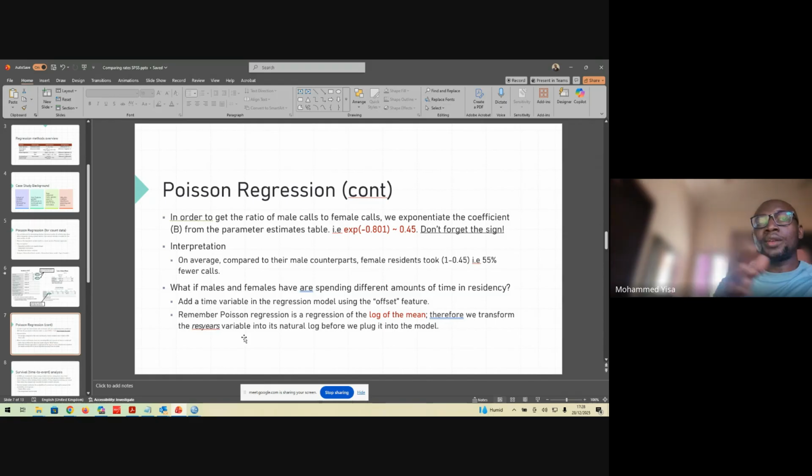And that's what we have just done. We just modeled the number of calls taken compared between male and female residents.